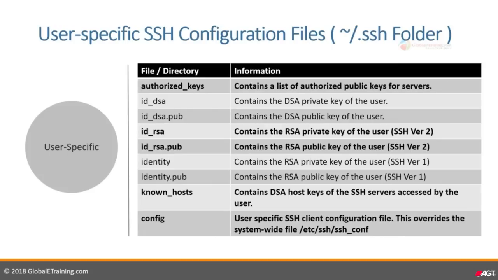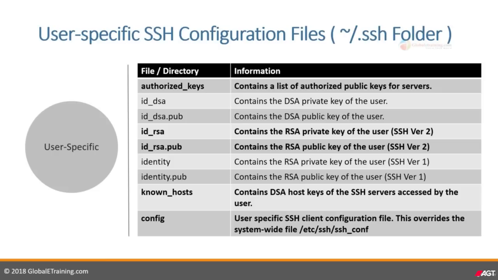The very first one that is listed is the authorized_keys. This is the file that holds the authorized public keys for the servers. Next, id_dsa and id_dsa.pub are the DSA private key and the public key of the user.